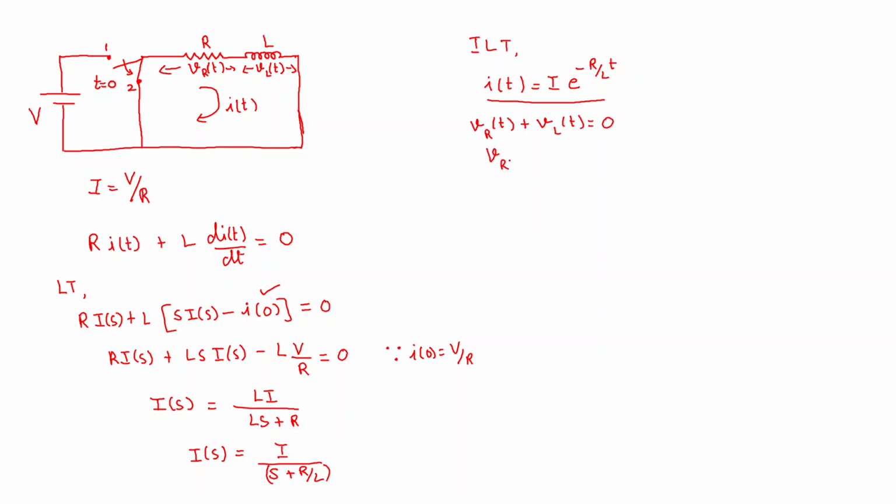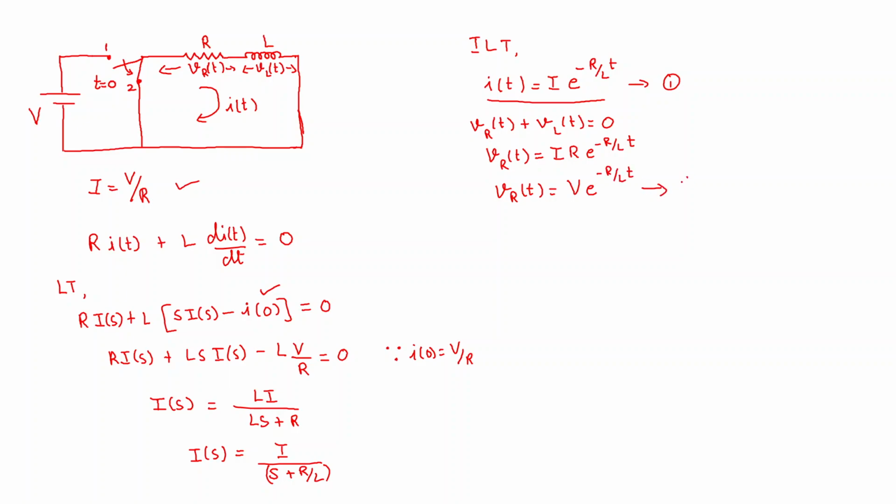VR of t is nothing but i of t into R. So this is I into R e power minus R by L into t. I into R is nothing but V according to this equation. So VR of t is equal to V into e power minus R by L into t.